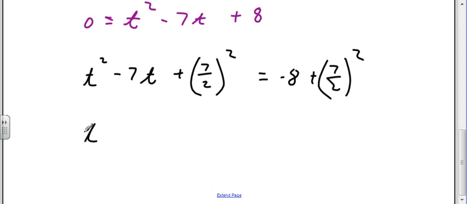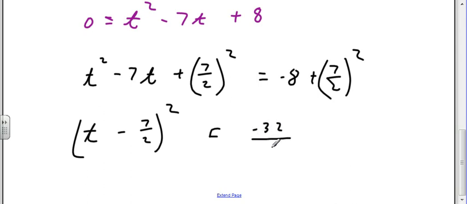I got (t minus 7 over 2) squared is equal to 8. 4 times 8 is 32. 32 over 4 plus 49 over 4.